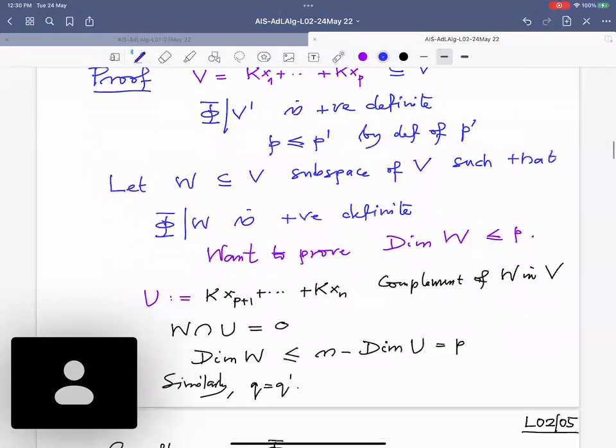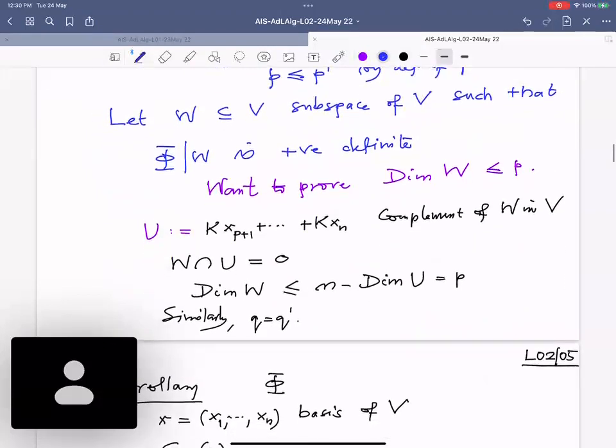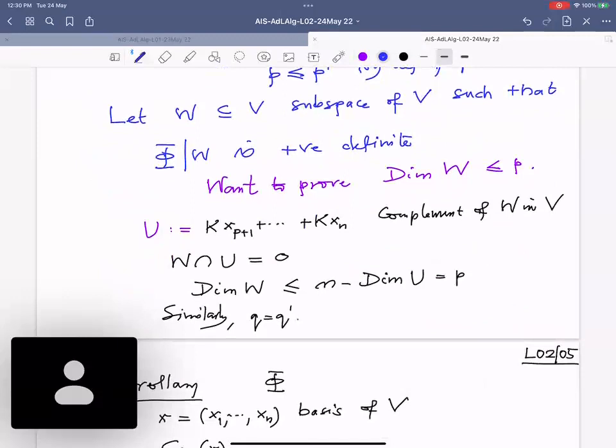So it directly says the dimension of W has to be equal to P? No, wait. I said W intersection U is 0, that you agree or not? Yeah, that is fine, because they are complement subspaces. I agree, I used this word. Complement is not a correct word, so forget that. Now look at this. I start with W. Phi restricted to W is positive definite, and we want to prove the dimension of W is less than or equal to P, isn't it?